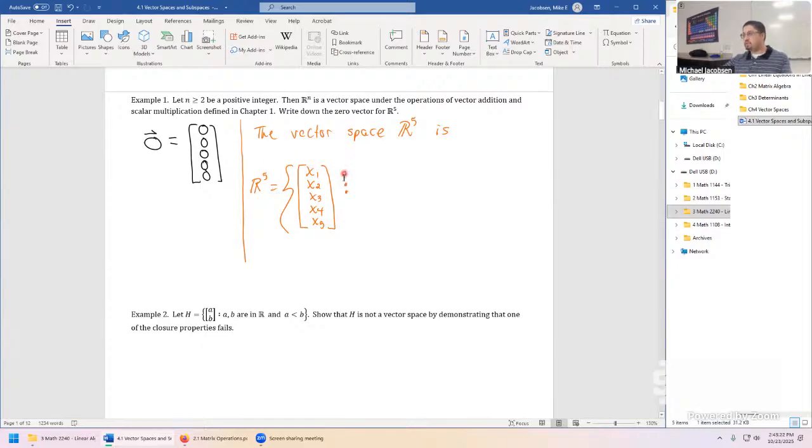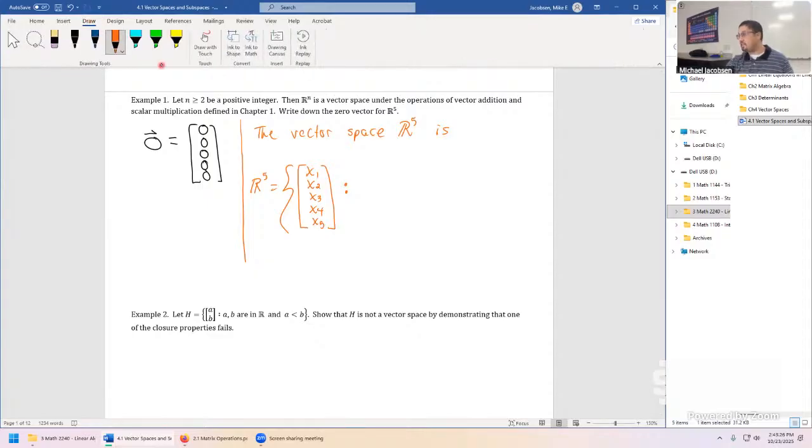The little colon here, sometimes it's a vertical bar, is just a way to say verbally, such that some condition has to hold. So the condition that has to hold to have a bona fide element in R5 is just that x1, x2, x3, x4, x5 are all real numbers.